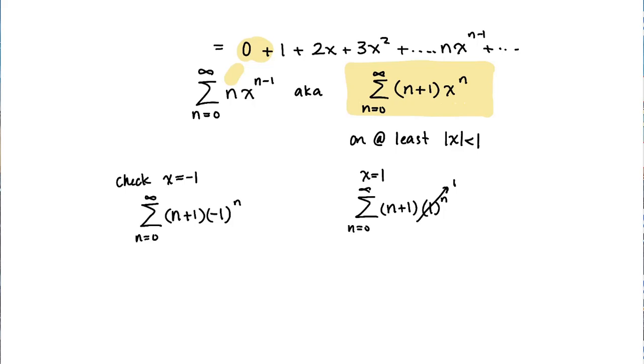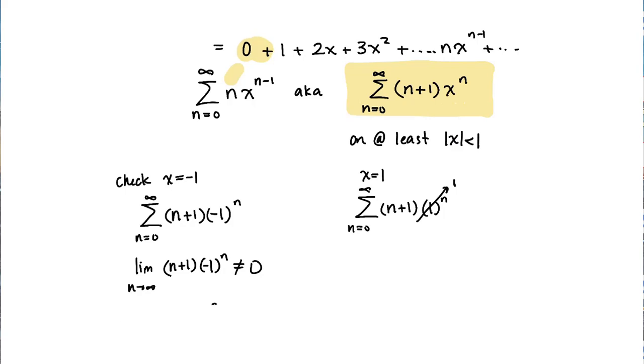The cool thing about both of these is if we take a look at them using the divergence test, which is probably our favorite test ever, if we take the limit as n goes to infinity of n plus 1 times negative 1 to the n, it is certainly not going to be 0. The n plus 1 part is going to grow without bound, and the negative 1 part is just going to make it alternate. So if we look at our terms, they're going all over the place.